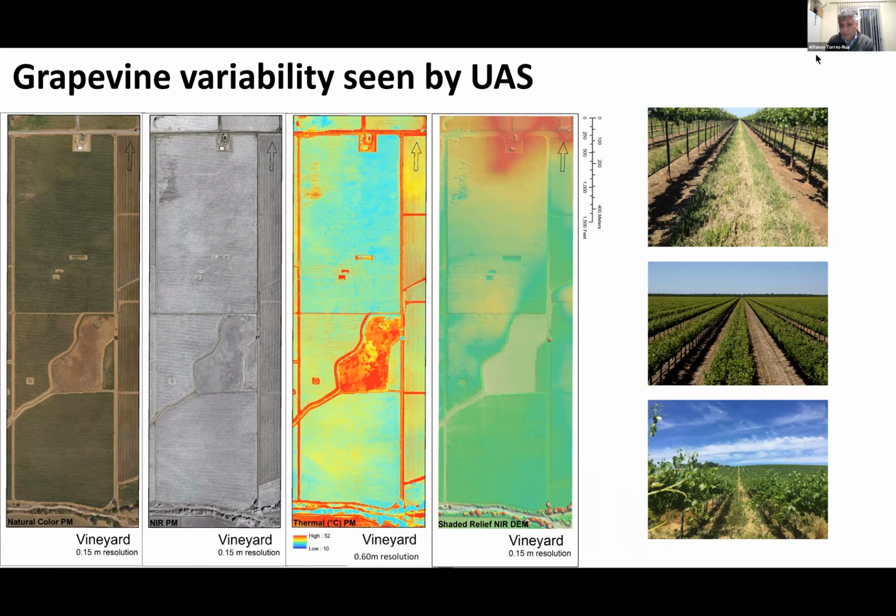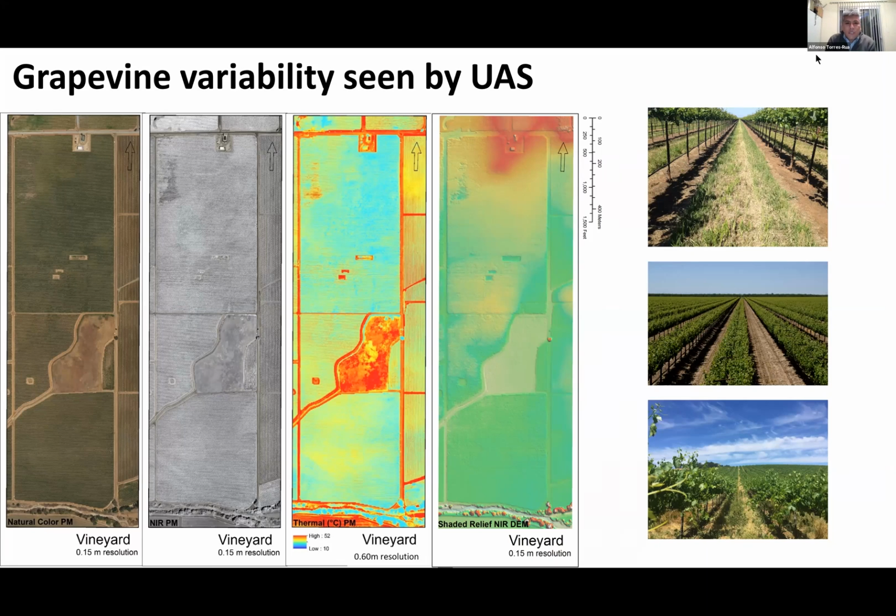So this variability can be seen with UAVs at a fine detail that we can then use to characterize, let's say, grapevine scale conditions for evapotranspiration.